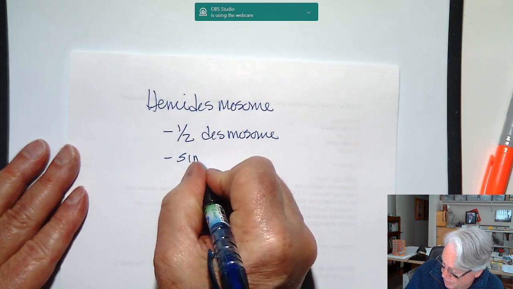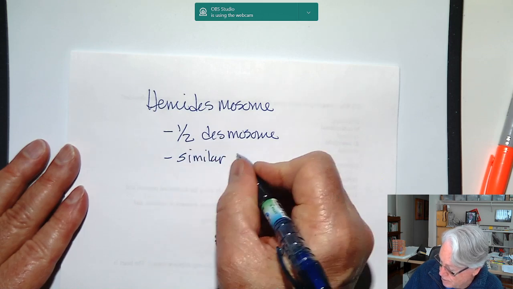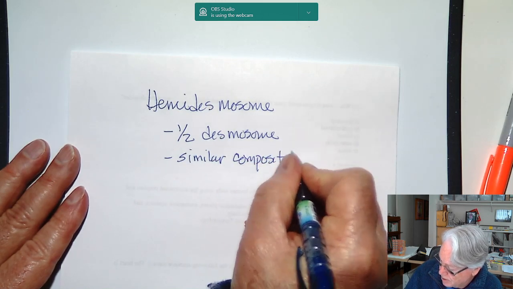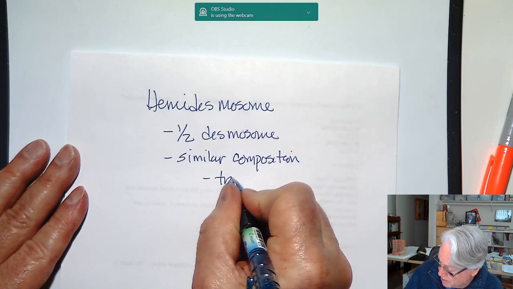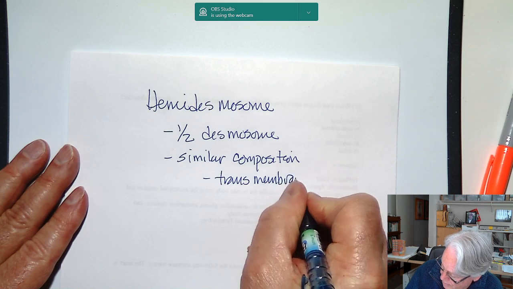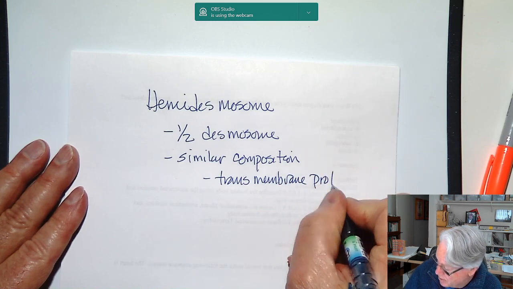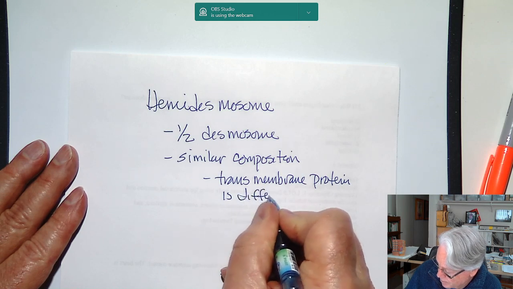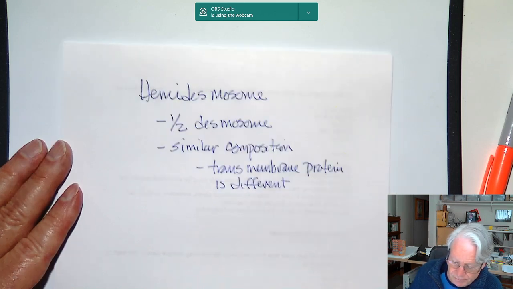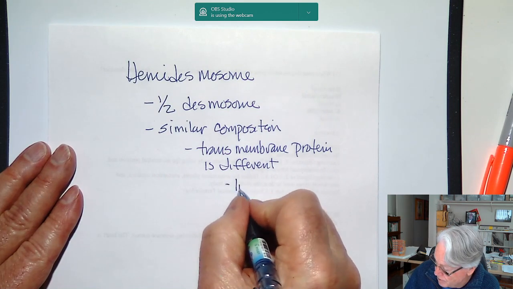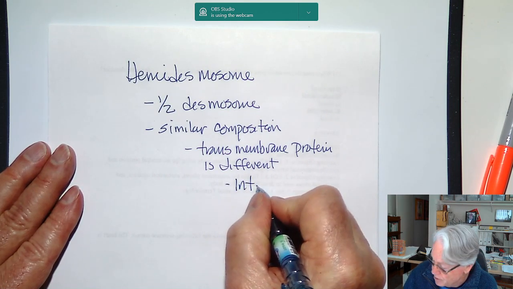So similar composition. The transmembrane protein is different. And the proper name for the protein is integrin.